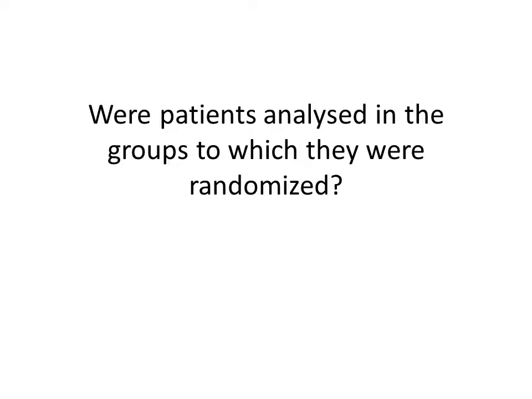And that is the basis of this principle, which is called intention to treat, which means that once the patient gets randomized to a particular group, they should be analyzed in that group, irrespective of whether they get any intervention, only a suboptimal dose of that intervention, or whether they get complete intervention. And we'll look into some of the examples for that.